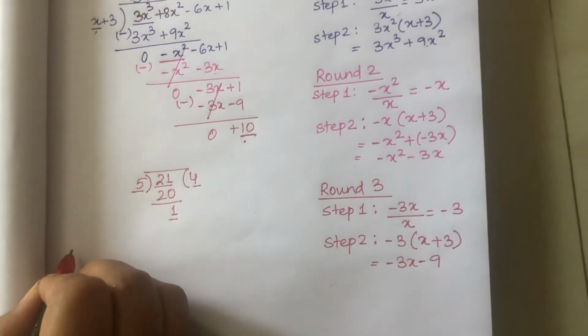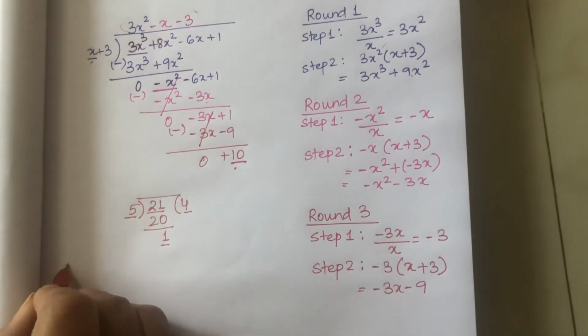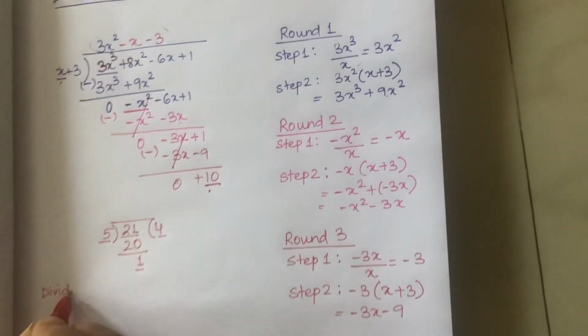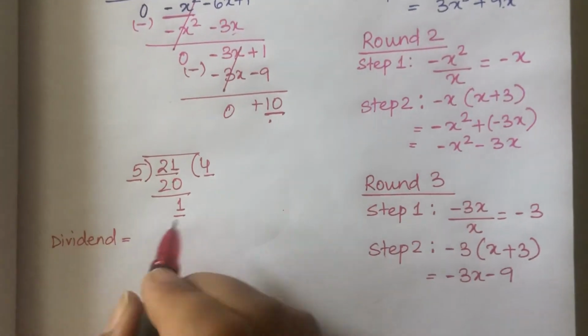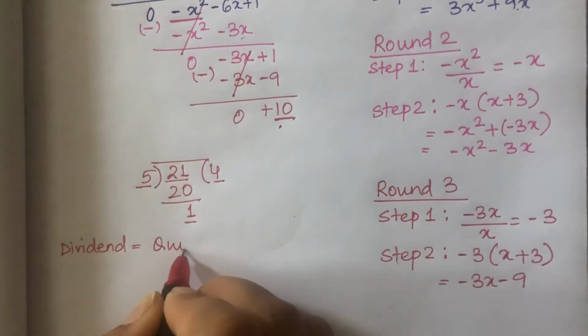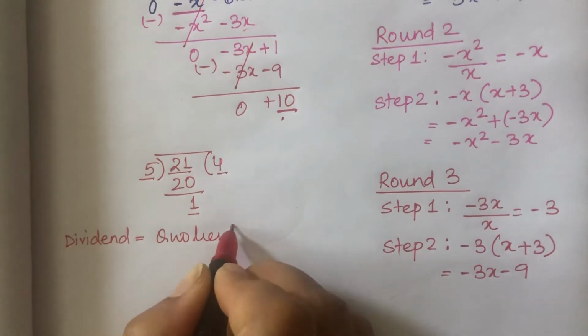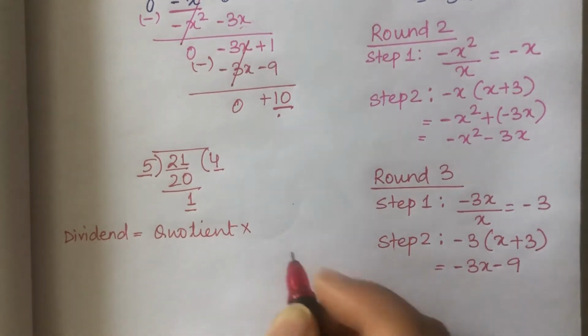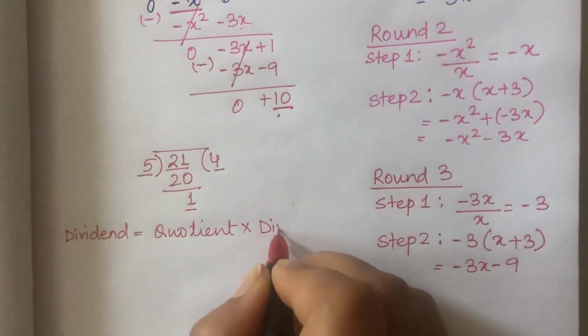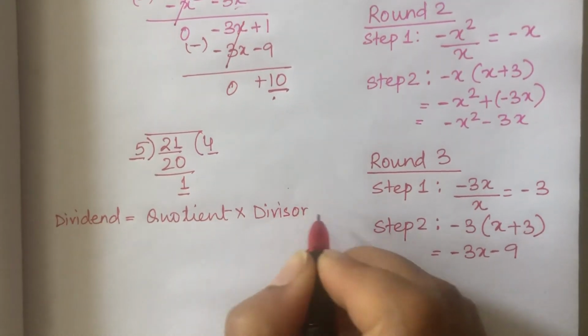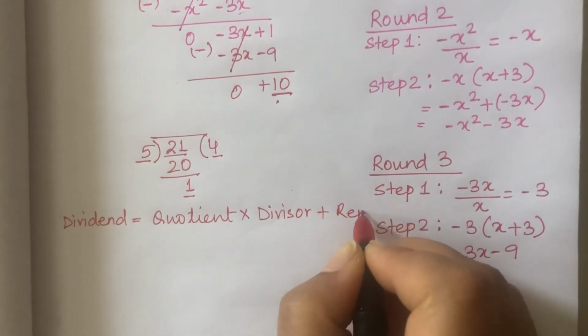So the division algorithm is dividend equals quotient into divisor plus remainder.